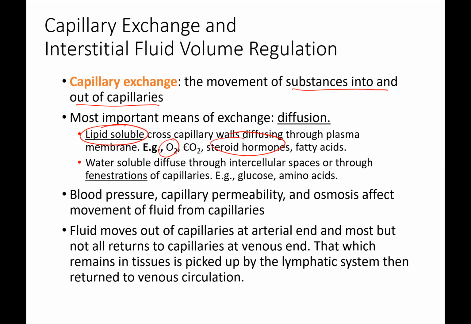Gases like oxygen and carbon dioxide and some fatty acids can diffuse across the plasma membrane. Water-soluble components will diffuse through the intercellular spaces and through those fenestrations or pores. Examples would be glucose and amino acids.